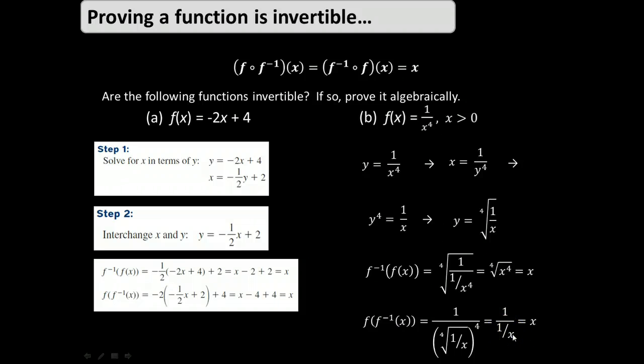And then algebraically we simplify 1 over 1 over x is simply equal to x. So f inverse of f and f of f inverse are equal to each other, which are equal to x. So yes, 1 over x to the fourth with that domain of x being greater than 0 is invertible, and the inverse of that function is the fourth root of 1 over x.